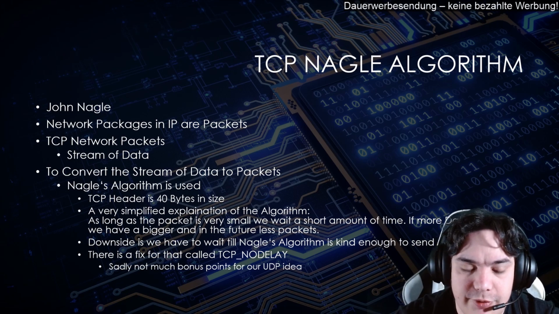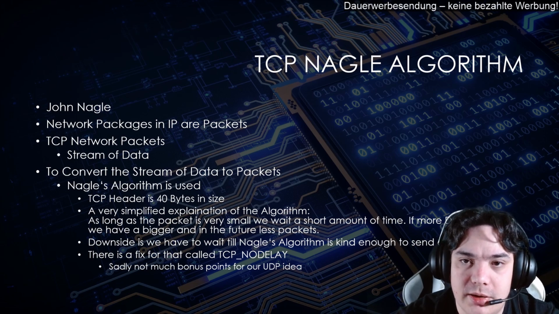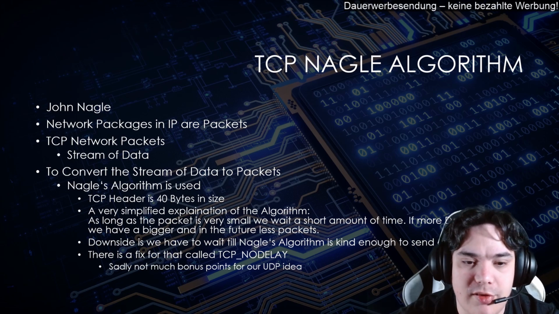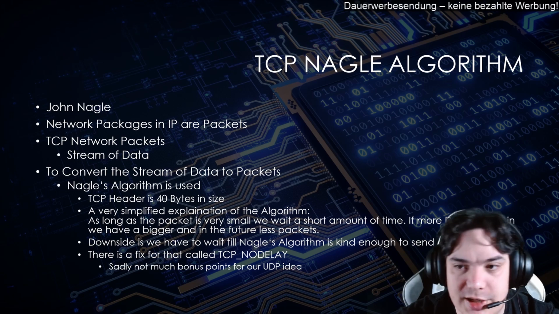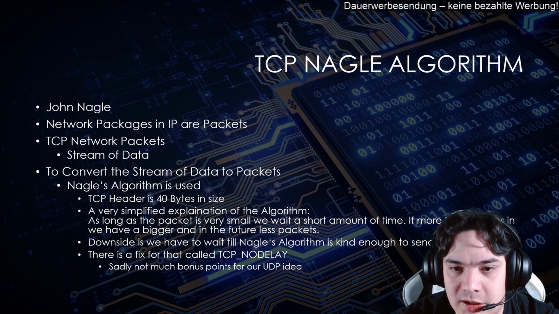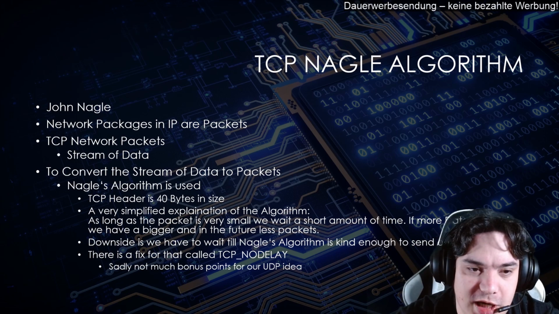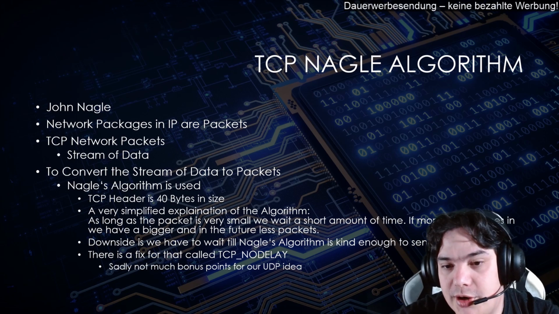If you give your configuration TCP no delay, then the Nagle algorithm is basically deactivated, and TCP will send out your packages as soon as you send them. So there's a way around that. That's not really the biggest issue, but this shows one thing TCP does which is bad for the things that we want to do with our networking.